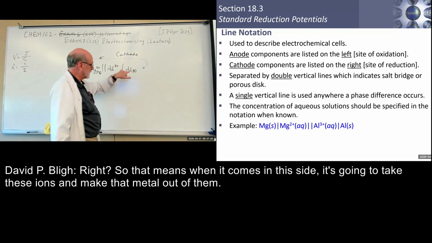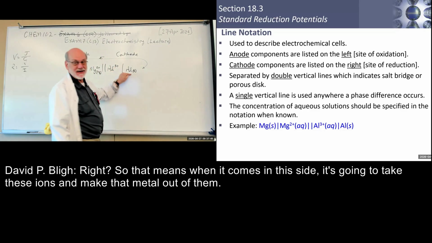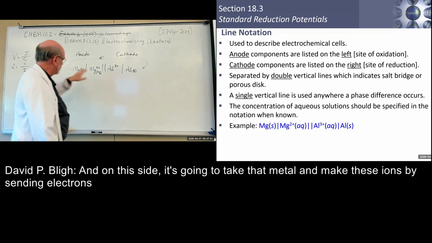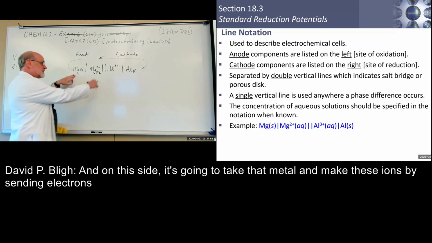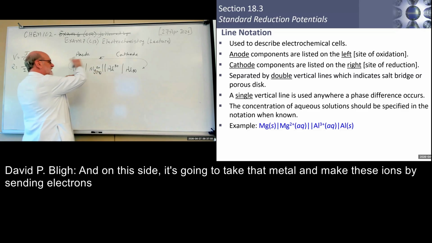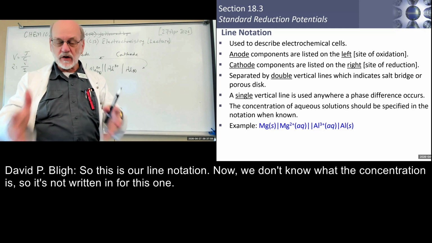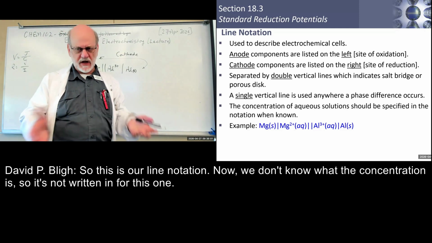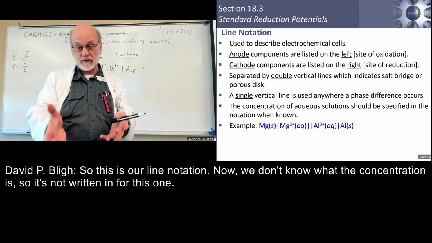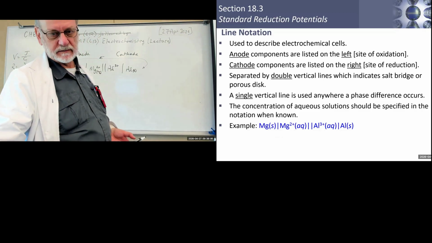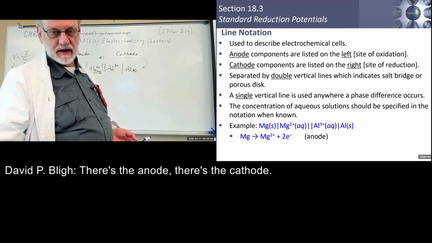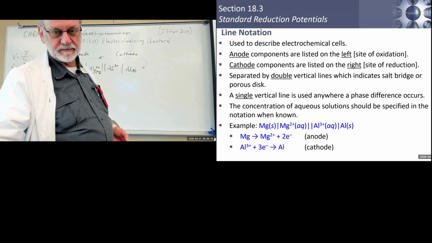So on this side, it's going to take these ions and make that metal out of it. And on the other side, it's going to take that metal and make these ions by sending electrons to the other side. So this is our line notation. We don't know what the concentration is, so it's not written in for this one. There's the anode, there's the cathode.